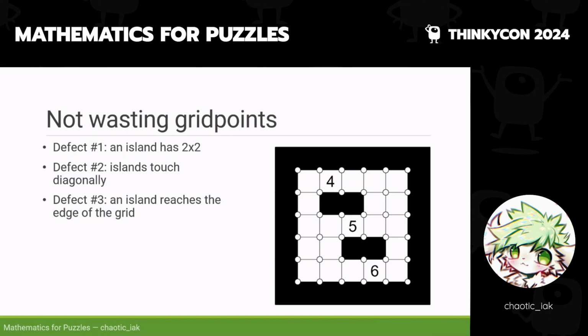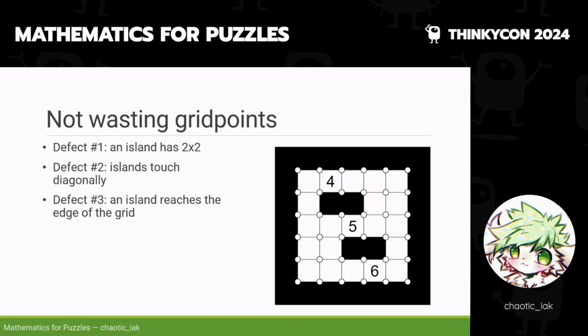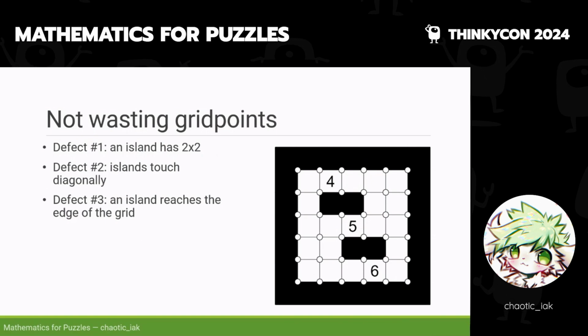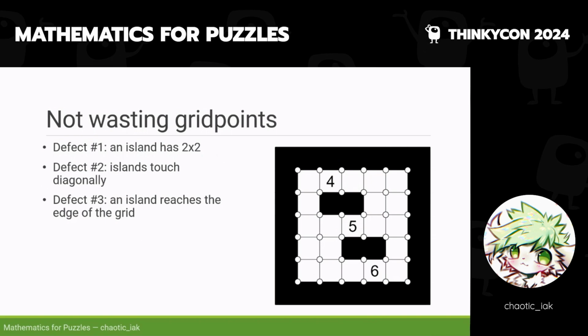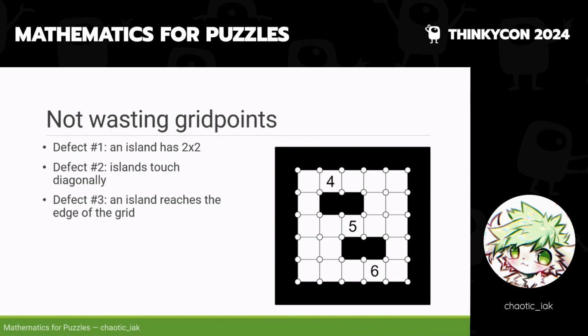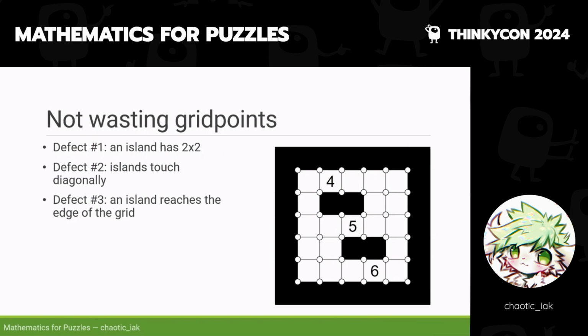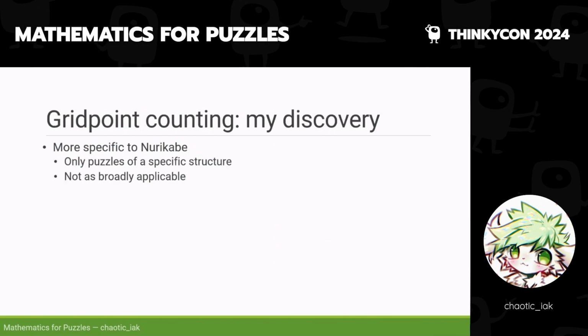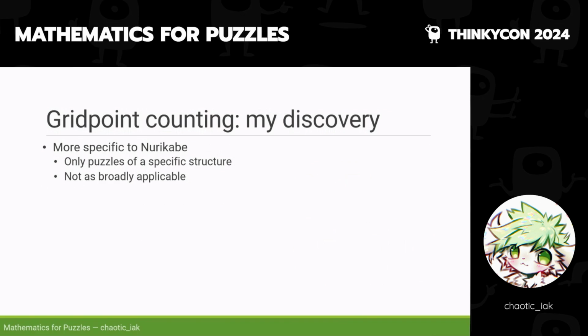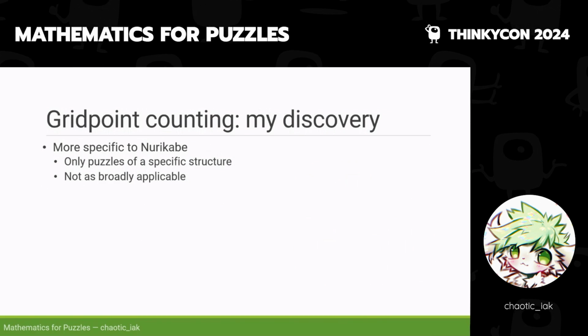Like logically, without the need of intuition, you can prove that it is unique. And one important thing to note is that these defects just appeared out of nowhere. The Norikabe rules don't say anything about avoiding these defects. It's just our arguments. And just to recap, the grid point counting is my discovery.